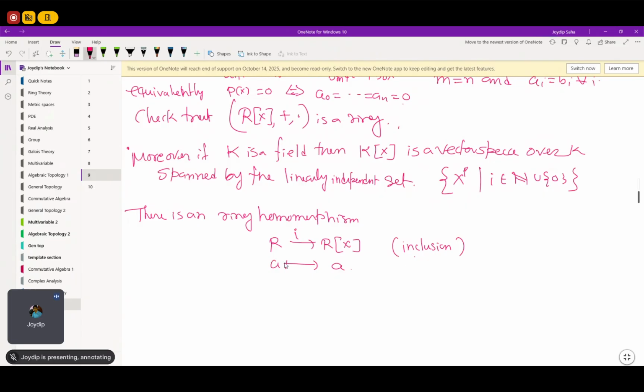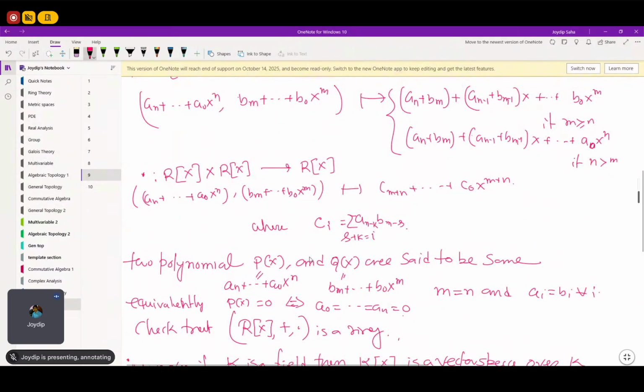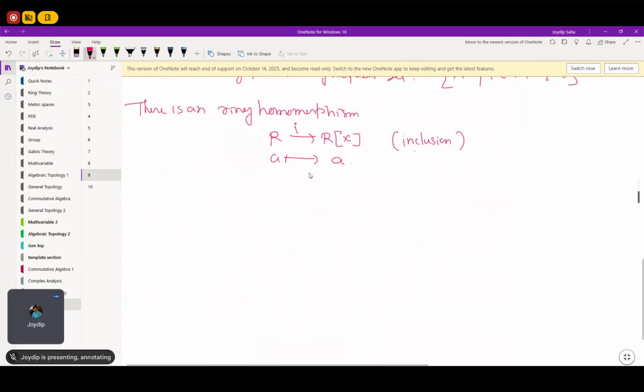This is a ring homomorphism because of the definition of sum and product. If two polynomials are constant, then just the constant terms get added. So it is a ring homomorphism. Check that the inclusion map is a ring homomorphism. Okay, so it is injective, so I write this notation.